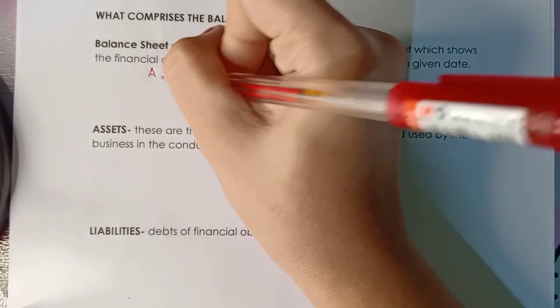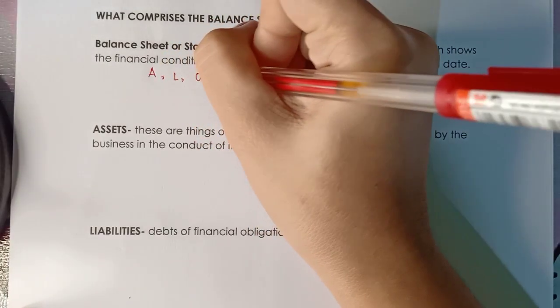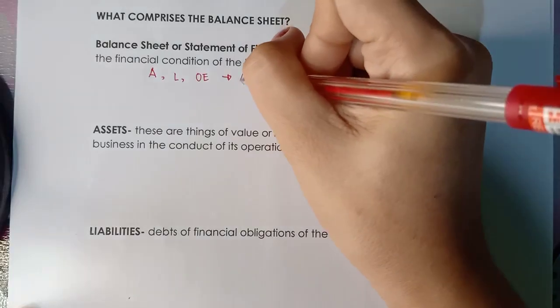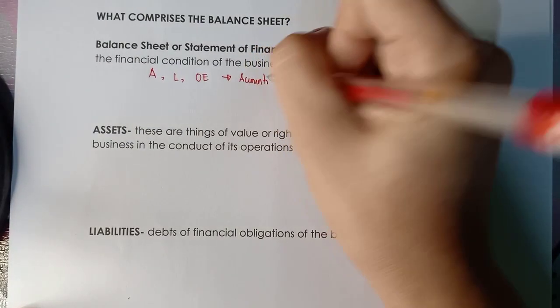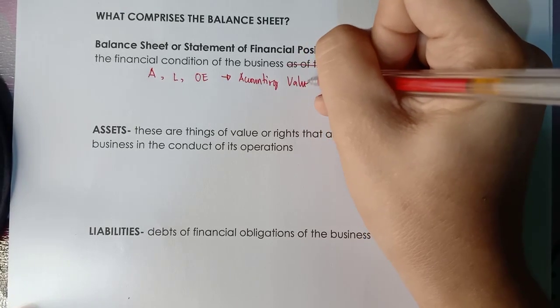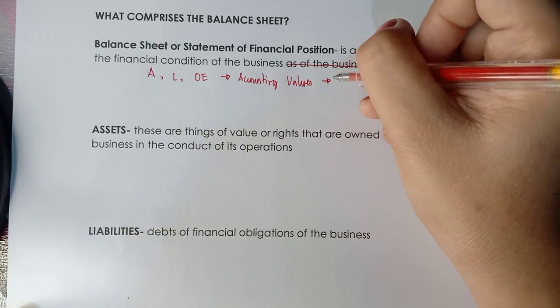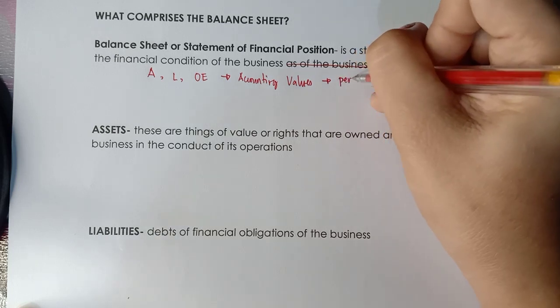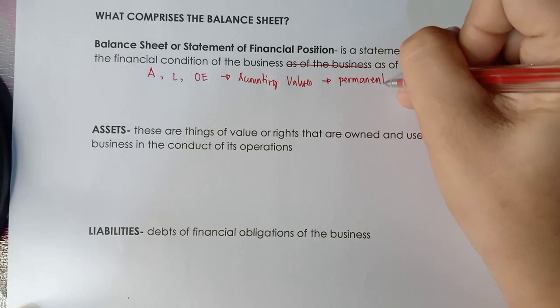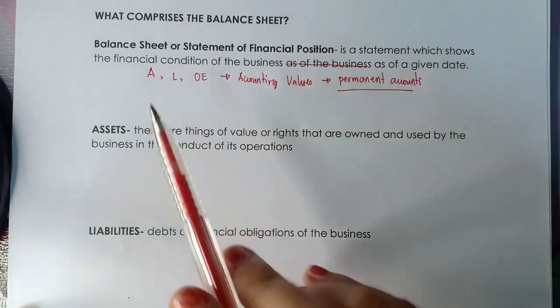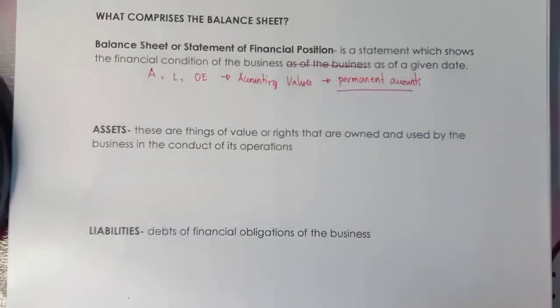As I said in our last video, these accounting values are considered the permanent accounts. So these three, the assets, liabilities, and owner's equity, comprise the balance sheet.